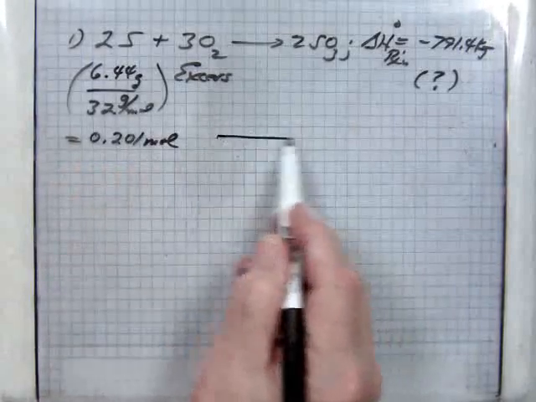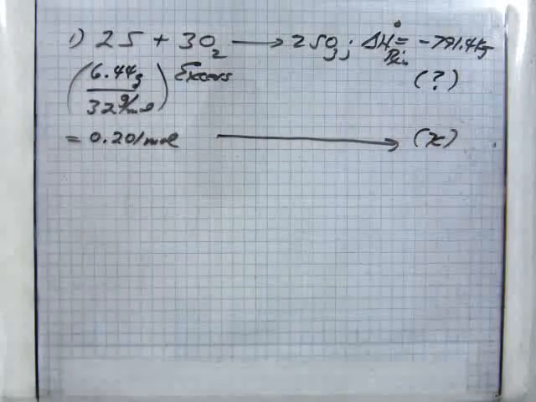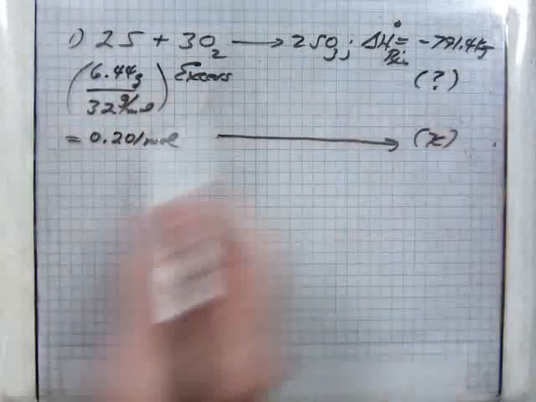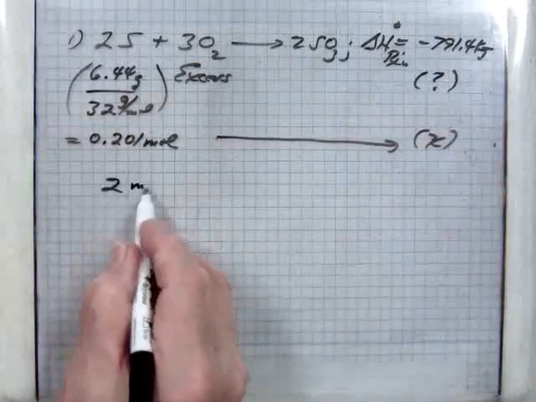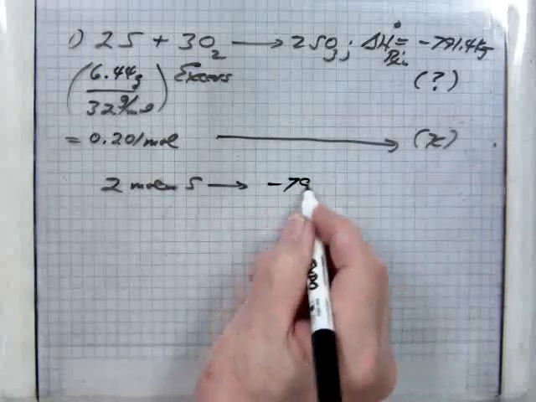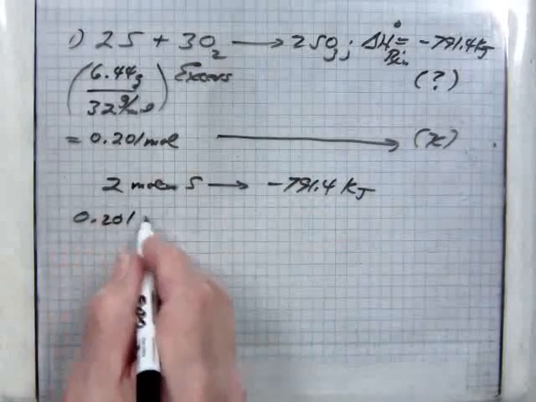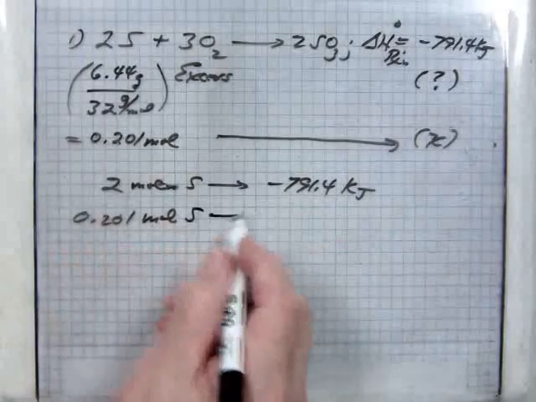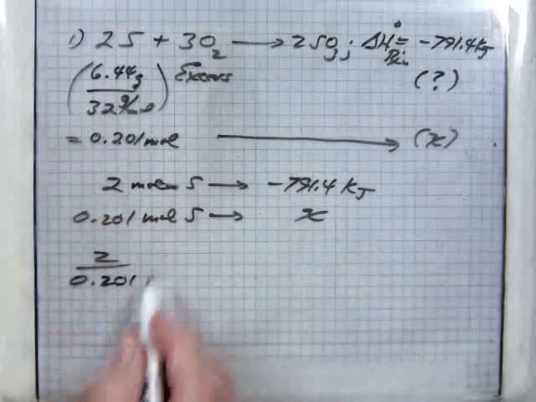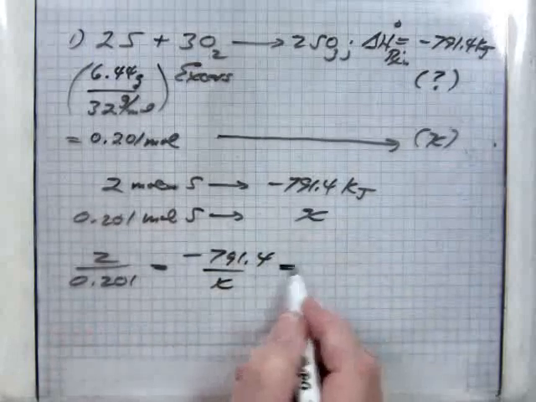And the idea is how much of the energy is released from the reaction. Well, 2 moles of sulfur gives us an exothermic 791.4 kilojoules, 0.201 moles sulfur gives us X. So you can set this up in the ratio like this, solve for X, and you're through.